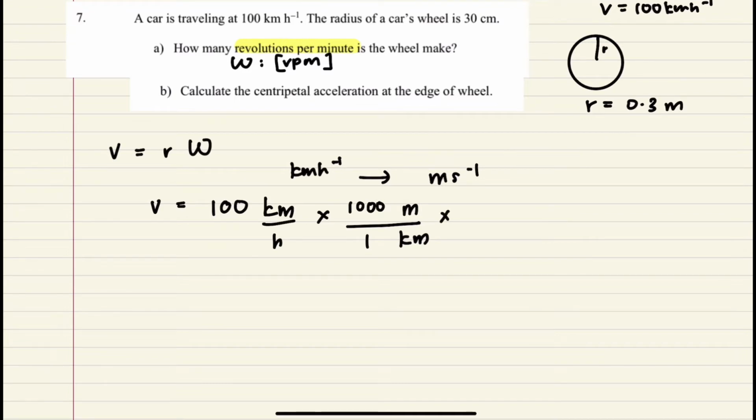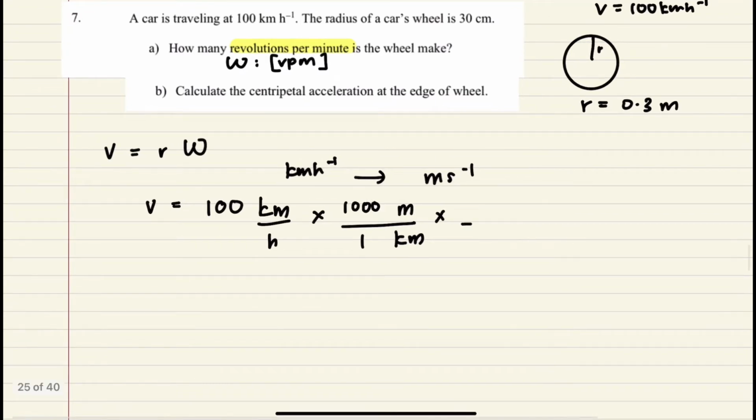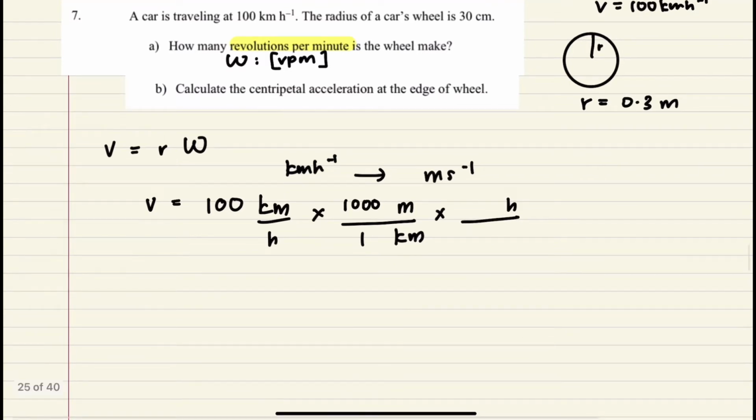Then I want to change hour to second, so I put hour over here and second over there. 1 hour is 3600 seconds. So 100 kilometer per hour is equal to 27.78 meter per second. That is the v in SI unit.